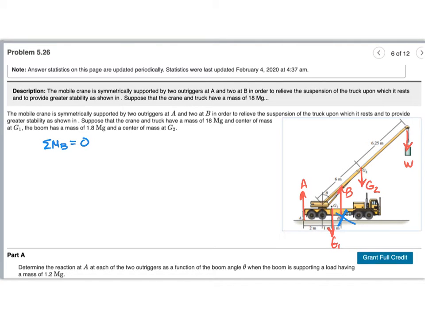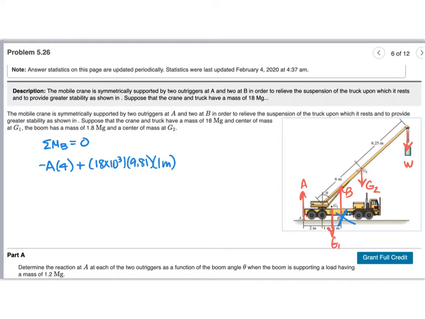So I'm going to just go from left to right with my forces. A is going to call it a clockwise rotation about point B, and it is a distance 4 meters away from point B, so that's that moment. G1 is going to cause a counterclockwise rotation, so that's going to be 18 times 10 to the third times 9.81 times 1 meter.